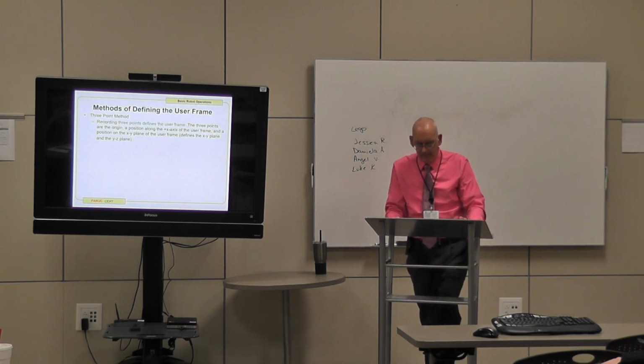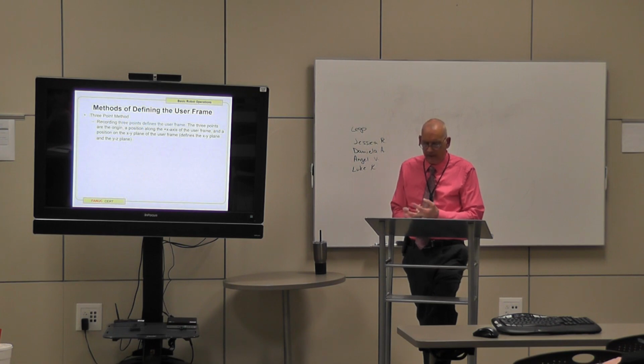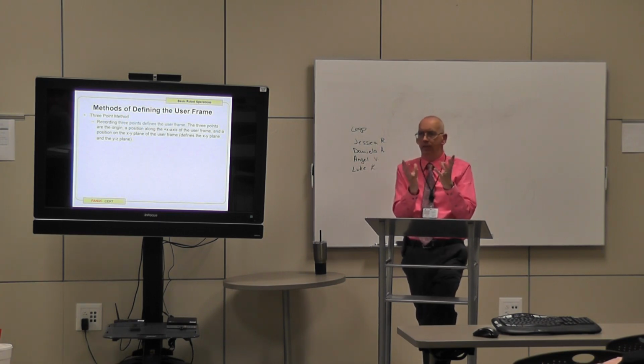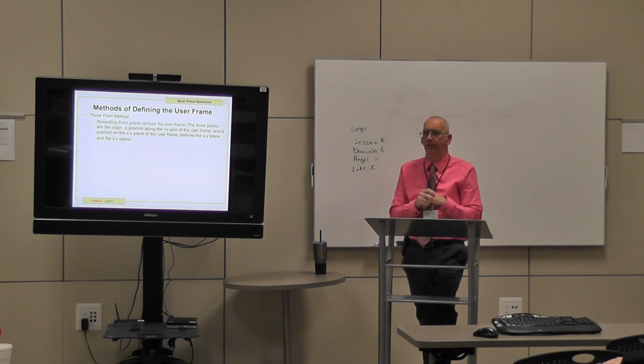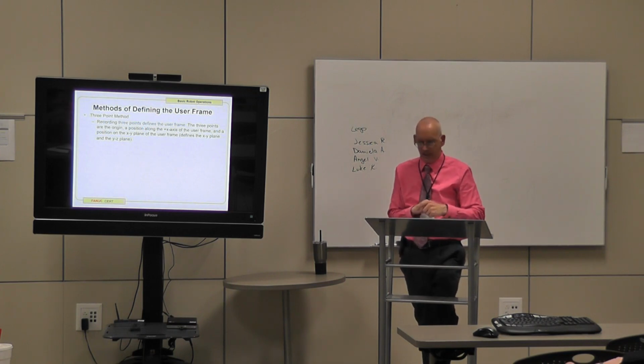Right? So let me read that again. The 3 points are the origin, a position along the positive x of the user frame, and a position on the xy plane of the user frame. That's what defines the xy plane and the yz plane. Okay? And that's where you're going to get your 3D cube looking frame. You understand? Don't worry. You'll understand when we apply it. Right now, take your notes. Just good information to have.